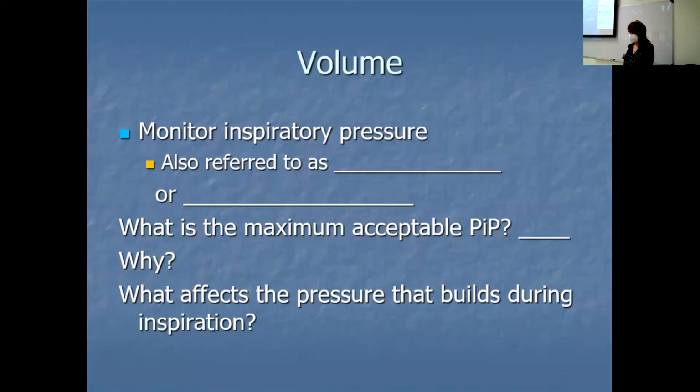The answer is we want to avoid lung injury from the high pressure. Brent? So the normal is 30 to 40, but you don't want to get.